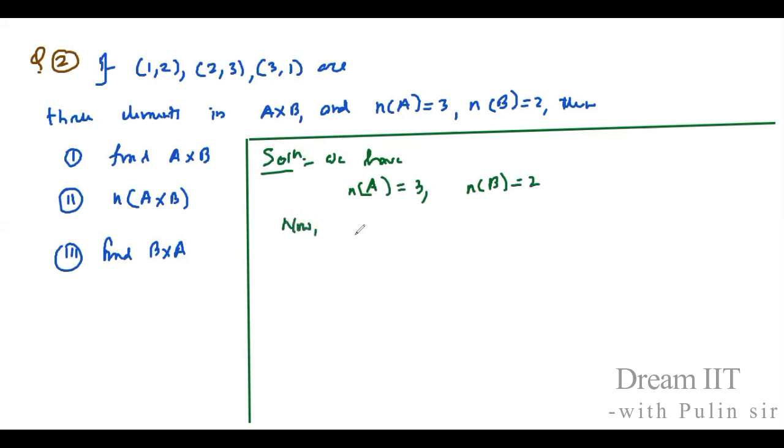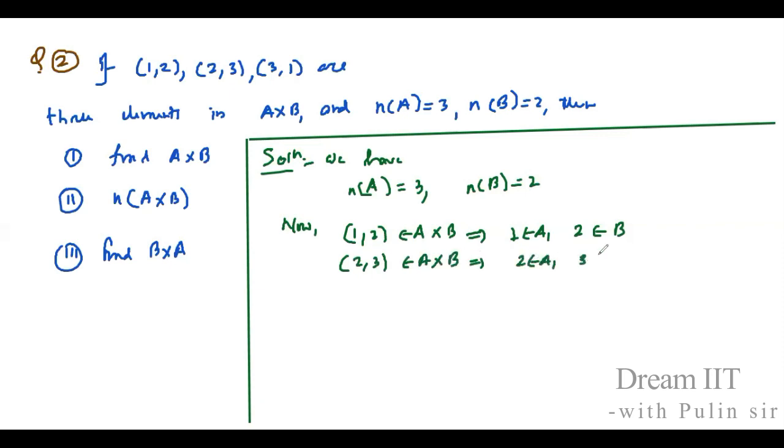Now (1, 2) belonging to A cross B would definitely imply what? 1 belongs to A and 2 belongs to B. (2, 3) belongs to A cross B implies 2 belongs to A and 3 belongs to B. And then last, (3, 1) belongs to A cross B implies 3 belongs to A and 1 belongs to B.